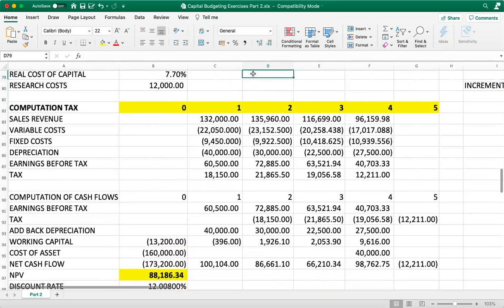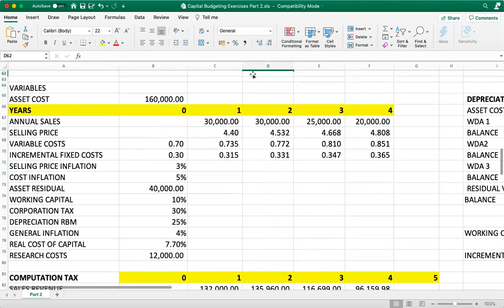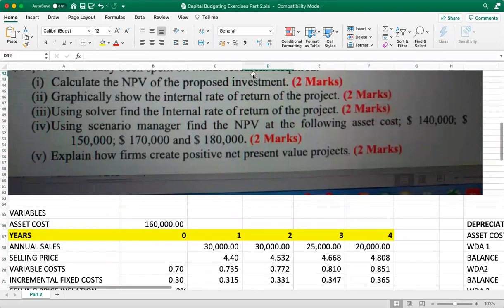Let's go to the third part of the question. The third part of the question is: using Solver, find the internal rate of return of the project. Why are we using Solver? To get the same thing that GoalSeek gave us. GoalSeek did not give us an output or a sheet that we can look at or that we can print out. And that's why we want to use Solver.